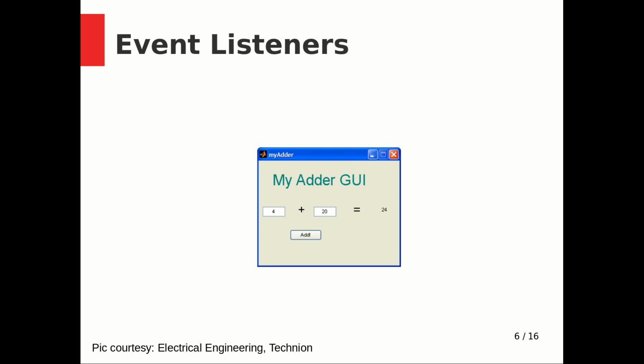On pressing that add button, an action takes place, and the action will add the two numbers represented in these two text boxes and then show the result in a label. Here there is a class which is responsible for doing this operation, and this class has been waiting for that event to occur, and this class is what we call an event listener. So we have an event source, we have an event, and we have an event listener.